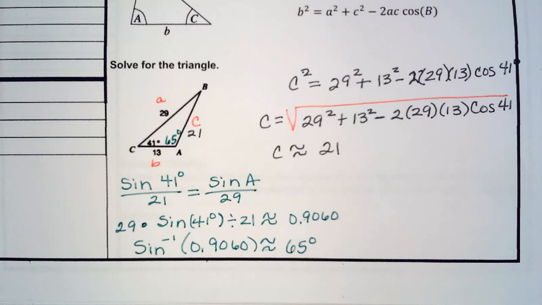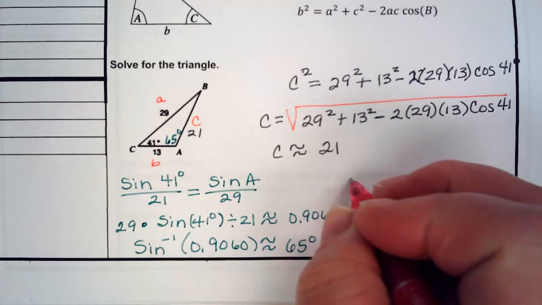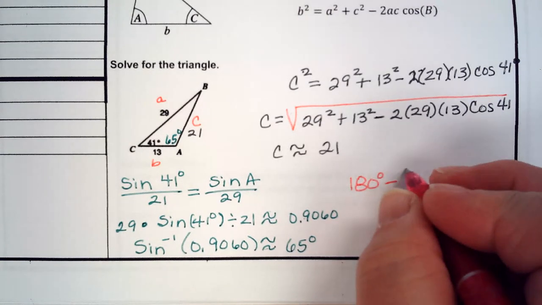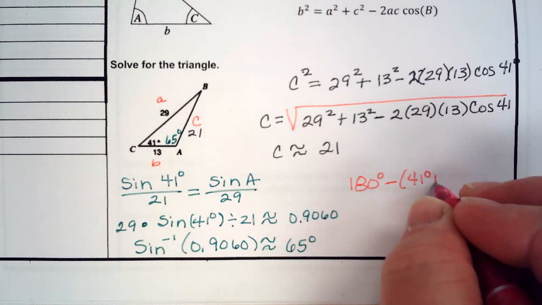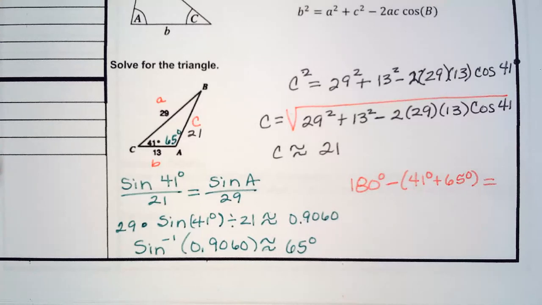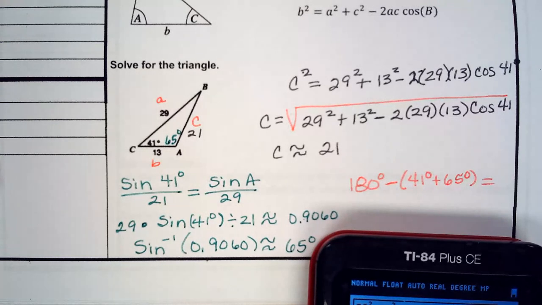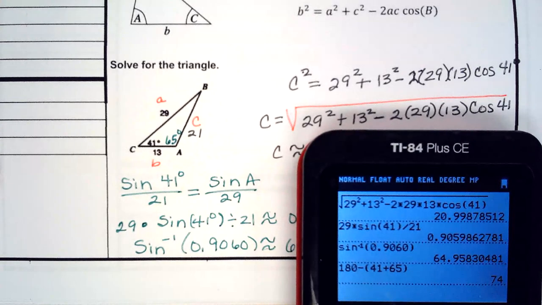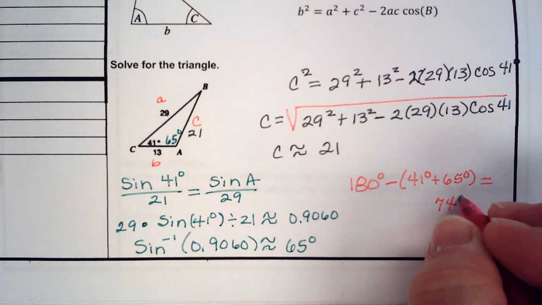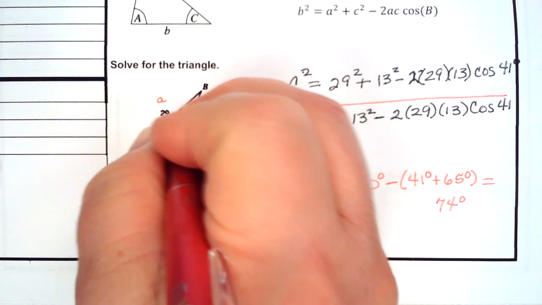So I will set it up as 180 degrees minus 41 degrees plus 65 degrees is equal to 74 degrees. And so we know that B is 74 degrees.